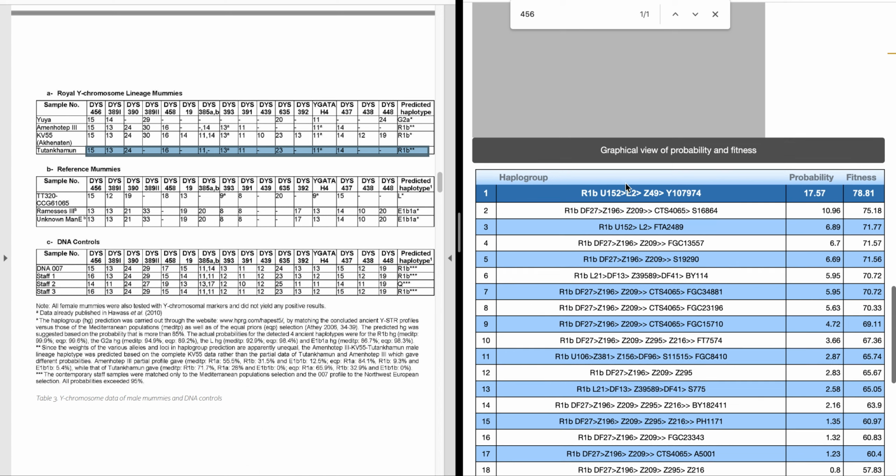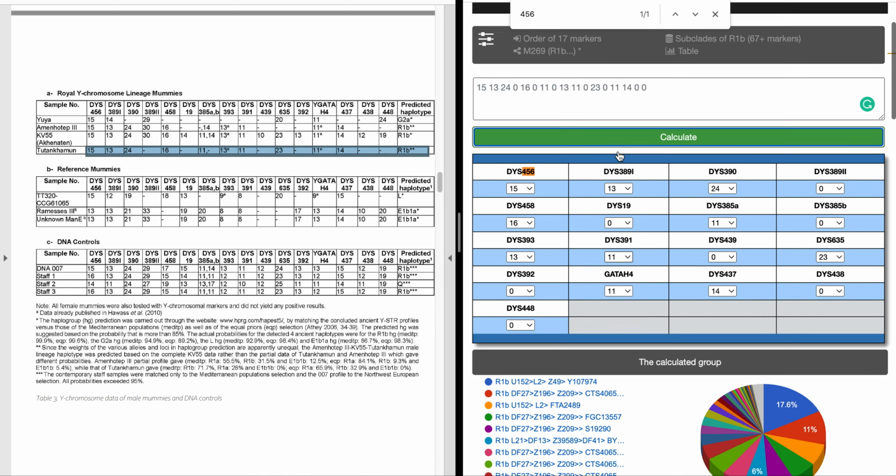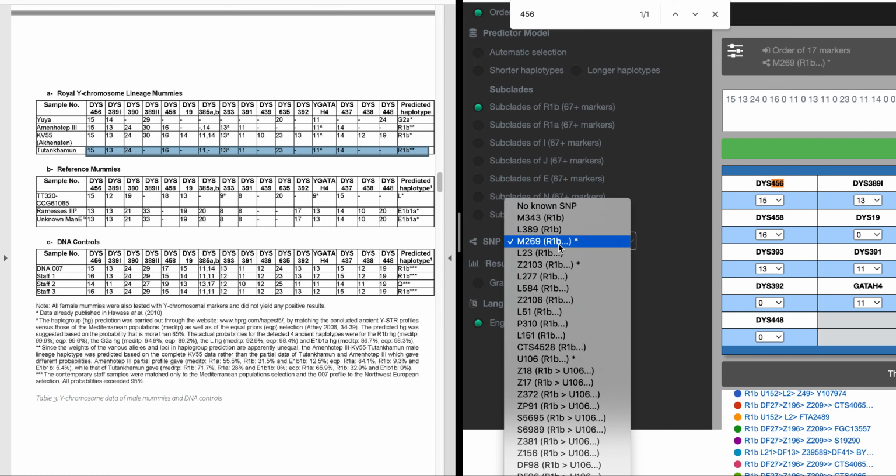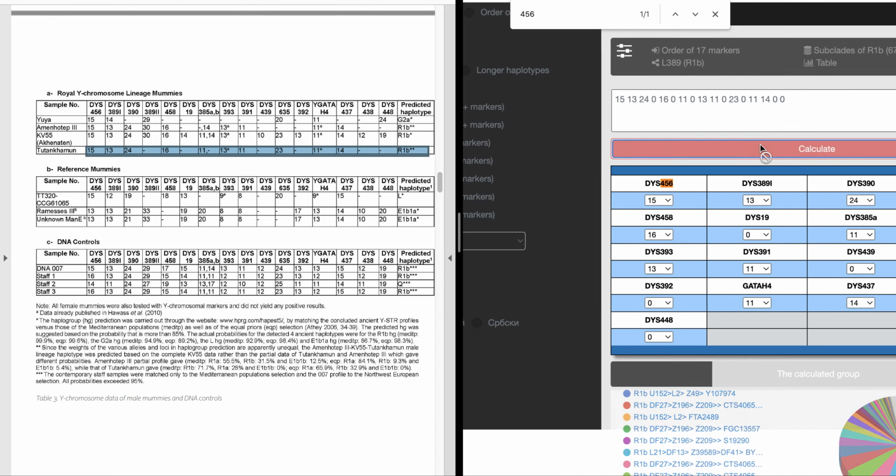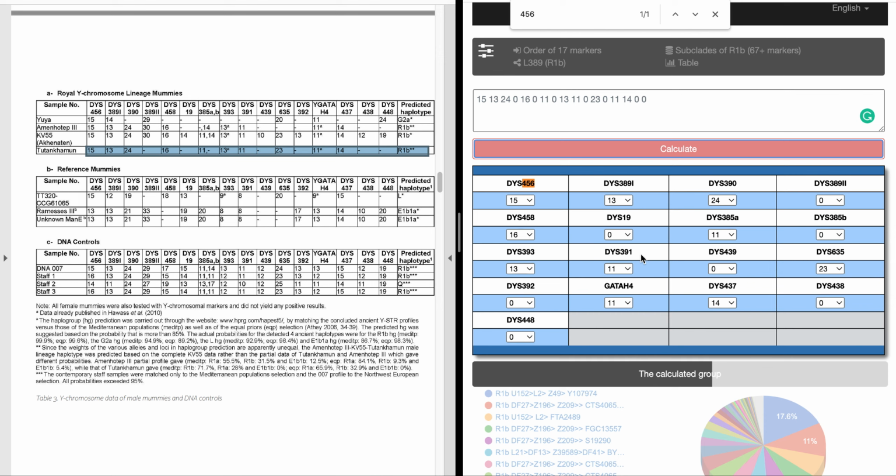So it's R1b U152, L2 Z49, Y107974. So Z49. So it's interesting that it didn't come up as, let's see, we can go backwards if we can get 100% probability, because that's what we want, 100% probability.